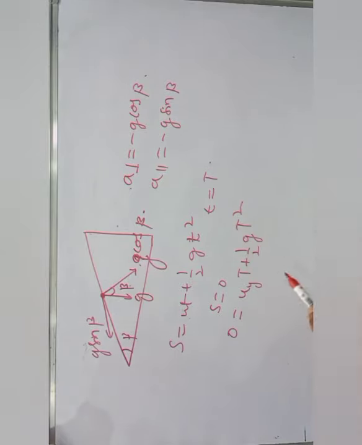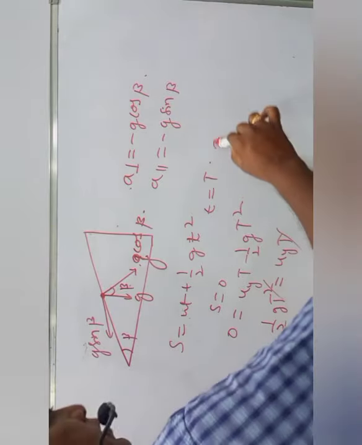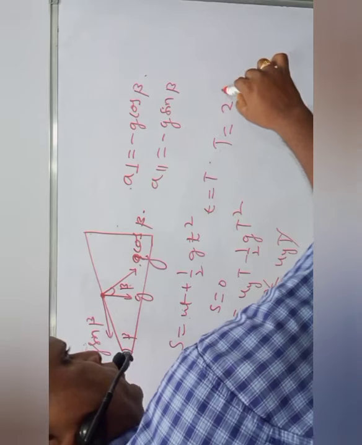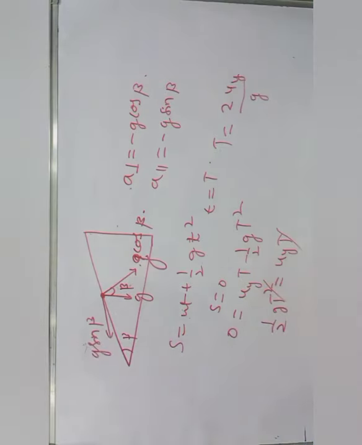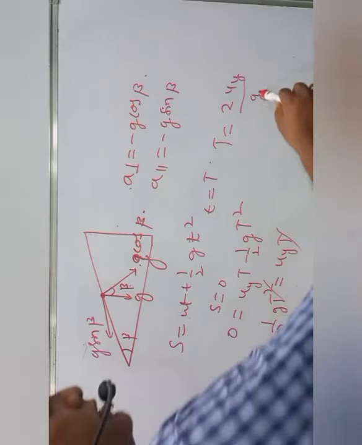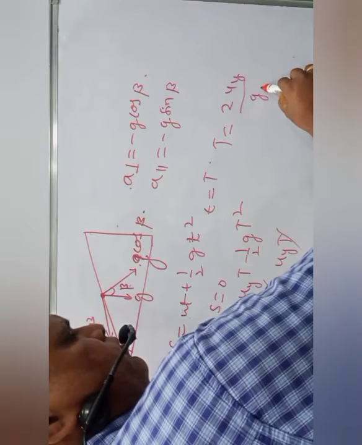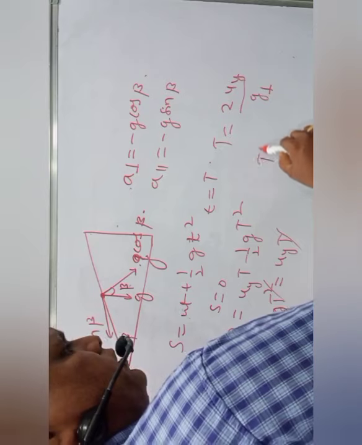Downward is negative, so half g T square is equal to uy T, and T cancels. Therefore T is equal to 2uy by g.